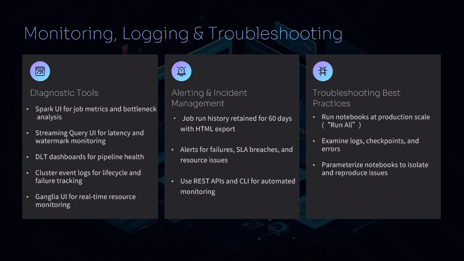When troubleshooting, always run notebooks at production scale, run all, to ensure workflows behave as expected end to end. Deep dive into logs, checkpoint information, and error messages to identify root causes. Parameterizing your notebooks helps isolate problems and reproduce issues reliably for efficient debugging.